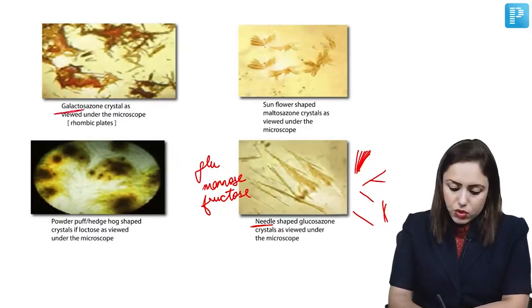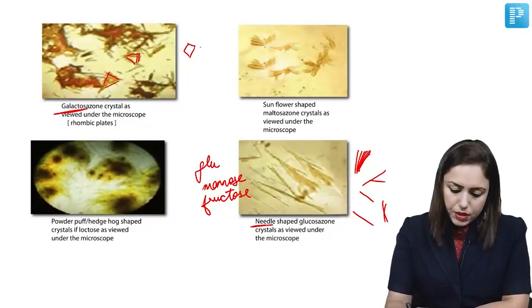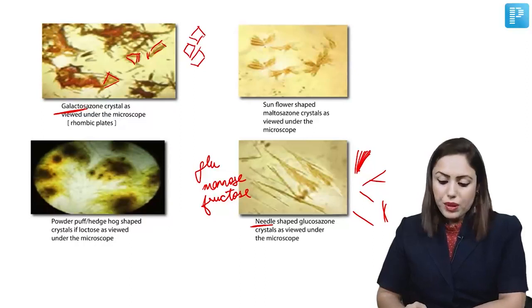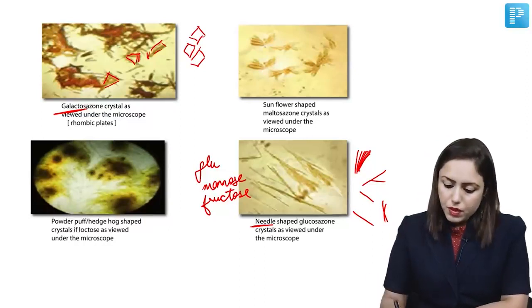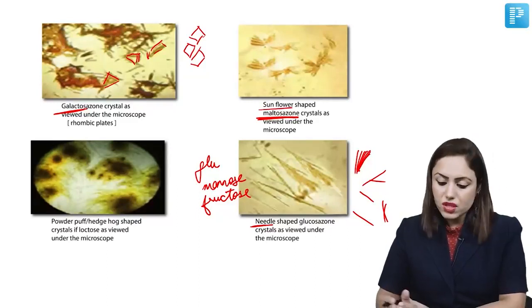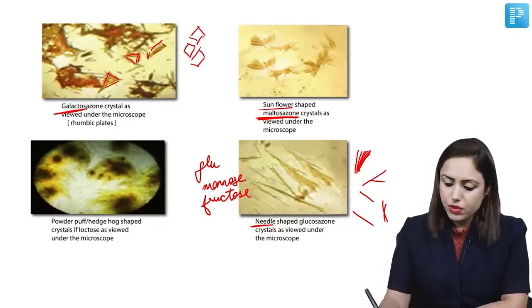Then galactosazones will be rhombic plate-like, okay, like this, rhombic plates. Then maltosazones. In the case of maltose, the crystals are sunflower shaped.